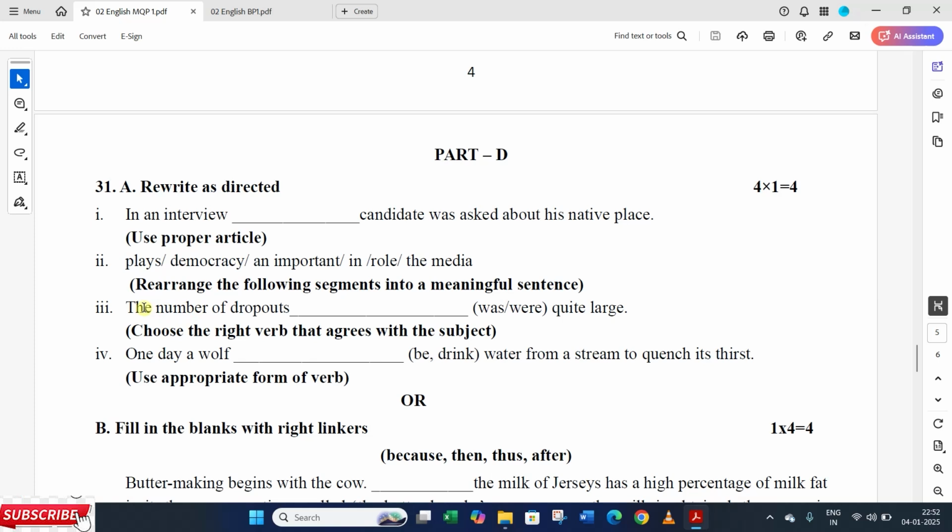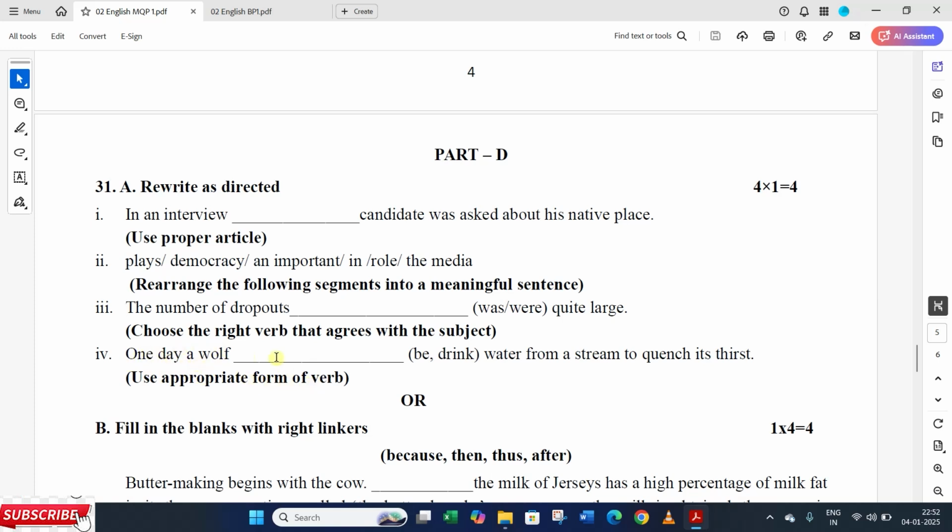So what can we write here? Let us see the question. The number of dropouts dash were quite large. So you have to choose the right verb which suits the subject. That is subject verb agreement: the verb that agrees with its subject. Next we have the appropriate form of the verb.